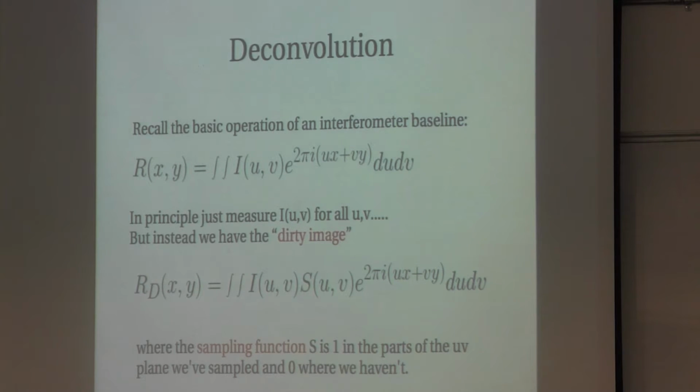The goal with the interferometer and with the Earth rotating is to sample this UV plane as well as possible, so we can image a point source as a real point source. But we will always be limited by the configuration of our array.